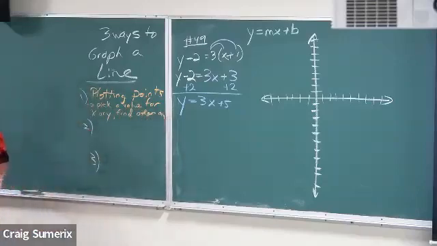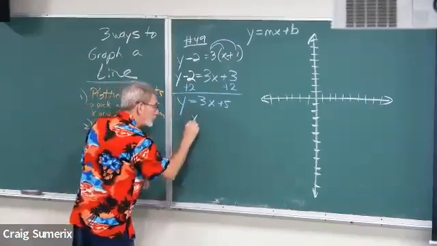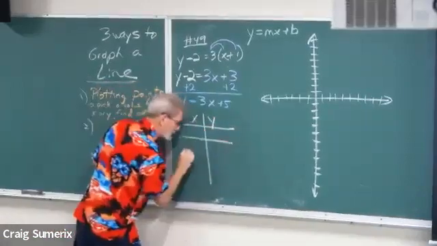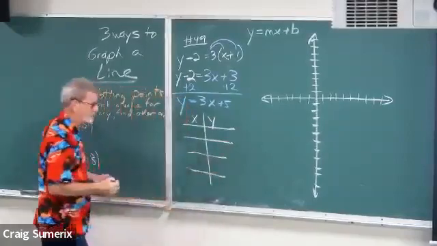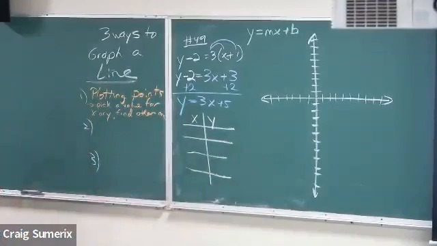If you plug in a value for X, find out what Y is, and vice versa. Oftentimes you'll see it written with an XY tree or an XY grid or table. So give me a value for X or for Y.